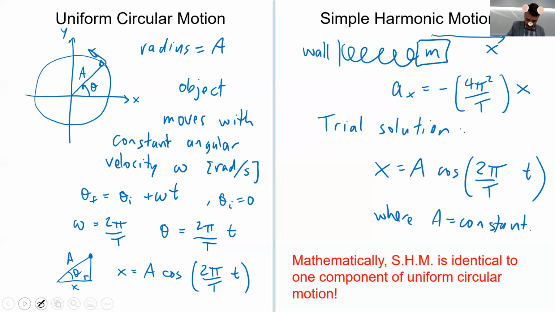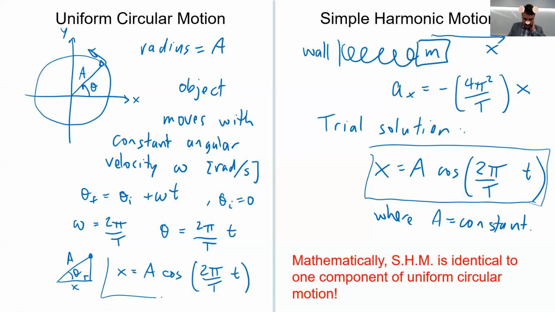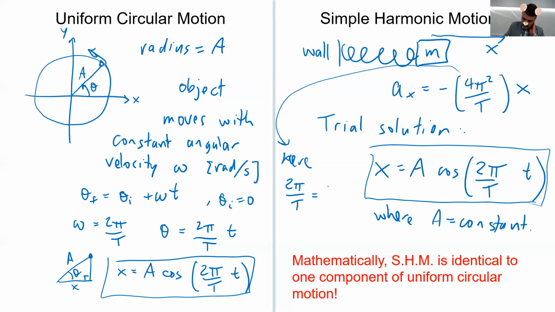So I'm just saying here that mathematically, simple harmonic motion is identical to one component of uniform circular motion. And I'll say that 2 pi over T is equal to the square root of k over m.